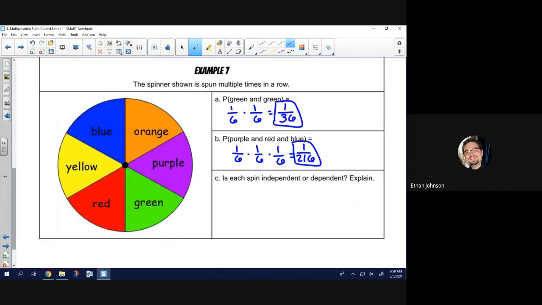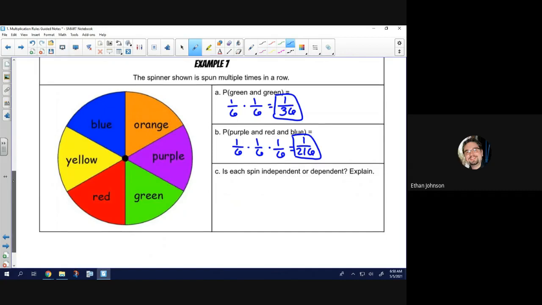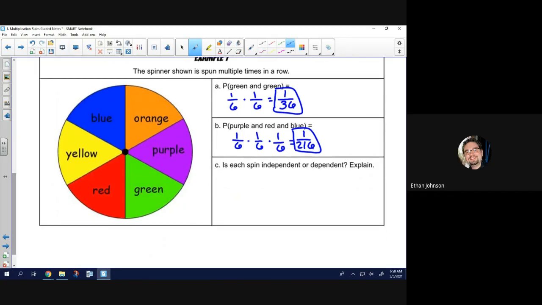So now we have that question, is each spin independent or dependent? Well, we can't really deal with the conditional probability for this problem because there's really no way to do a conditional. We never asked for one. So thinking back about the original definition of independent-dependent, independent said the first event does not affect the second event. And in the dependent, it does.